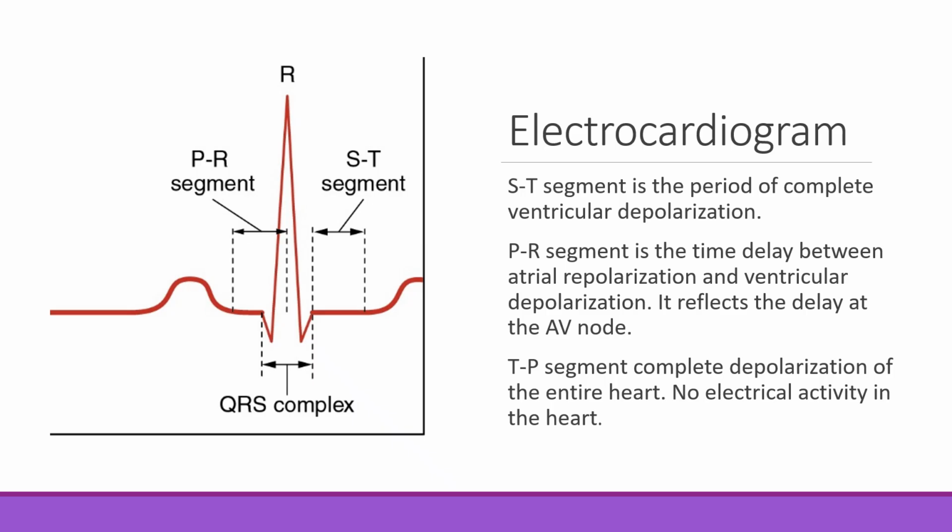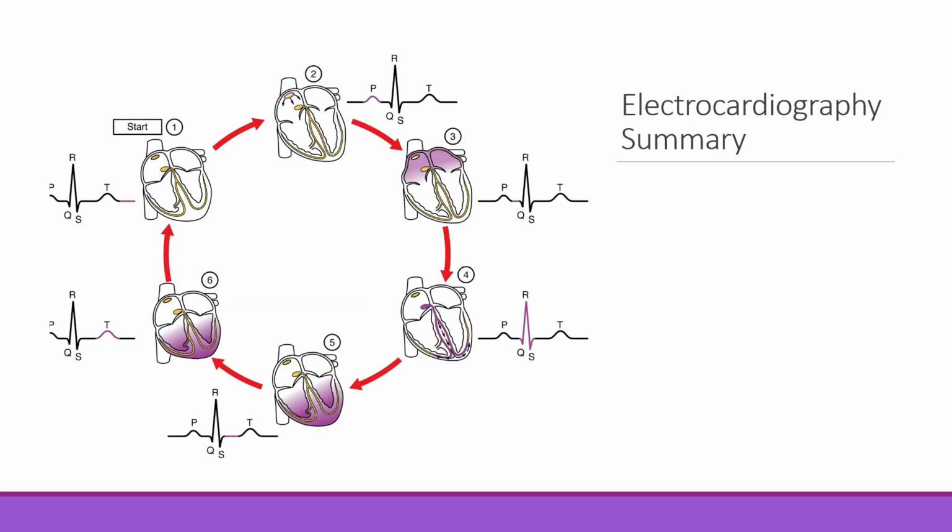The TP, so the end, all the way to the beginning of the next one, is a complete depolarization of the entire heart, and there's no electrical activity. So taking a look at this, you can see over on the left-hand side, it shows you where to start, and it shows you on the EKG what part we're looking at each time. So you can see how the EKG corresponds to what we're seeing with the heart.